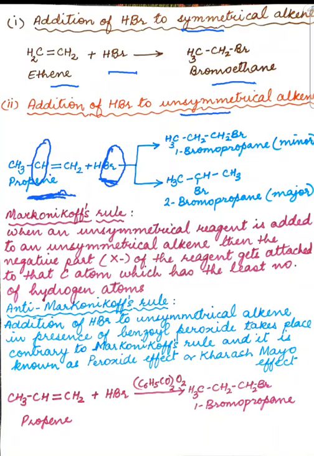Therefore, according to Markovnikov's rule, 2-bromopropane is the major product. But if we carry out the same reaction in presence of benzoyl peroxide, then 1-bromopropane is formed as the major product, which is also called as the anti-Markovnikov's rule, peroxide effect or Kharasch-Mayo effect.